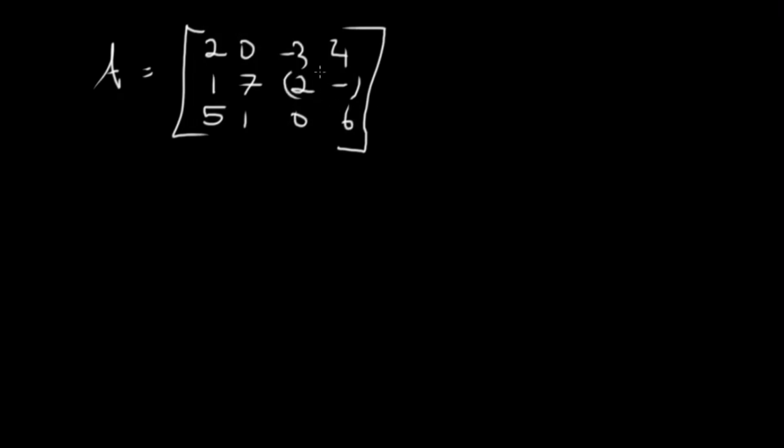If I want to talk about 2, because we're using the capital letter A, we're going to use a lowercase letter a, and this is in the second row, third column. So I'm going to have the subscripts 2 and 3, a subscript 2 comma 3. That is the number 2. So that's how we're going to notate things.